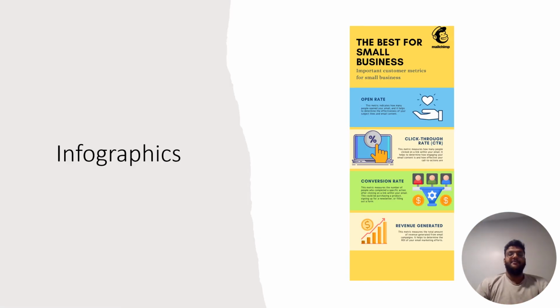For this assignment, I've created two sets of infographics that are very important for Mailchimp and their target audience, small businesses. They want to have these metrics in order to capture their customer data. The first key measure we have is open rate.